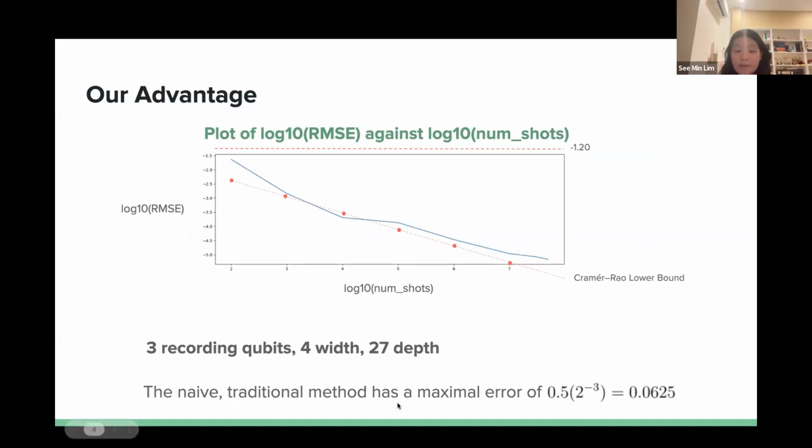For example, in the naive traditional method, using only 3 recording qubits, the error would be 0.0625, and the log of this would be negative 1.20. We can compare it to our experimental results, and we can see that even with just 100 shots, it produces a lower root mean square error.